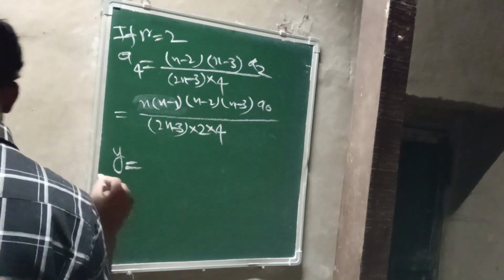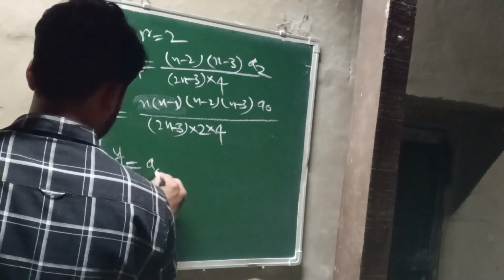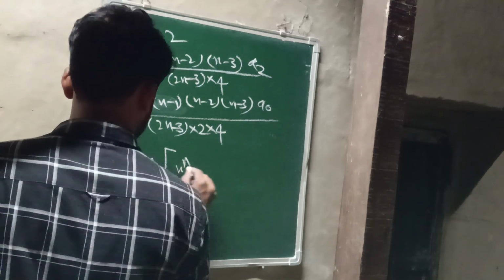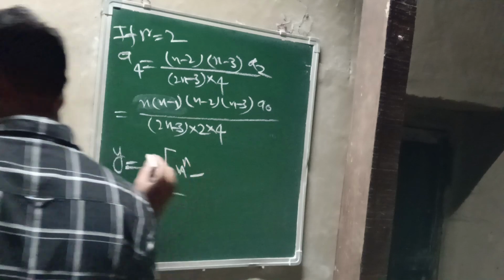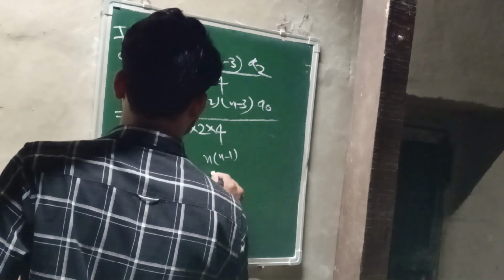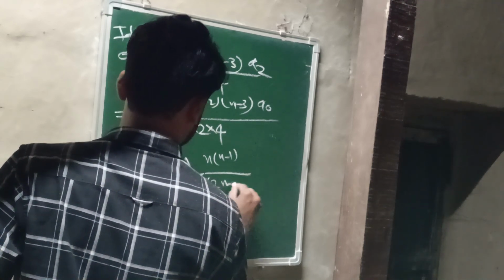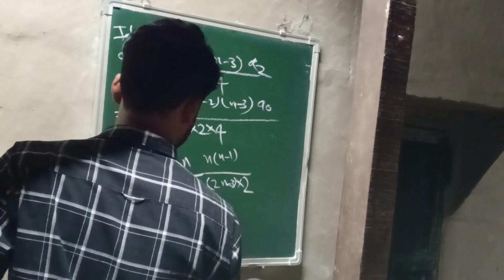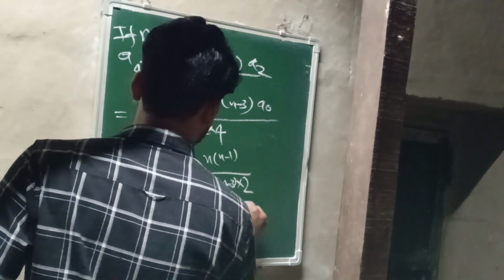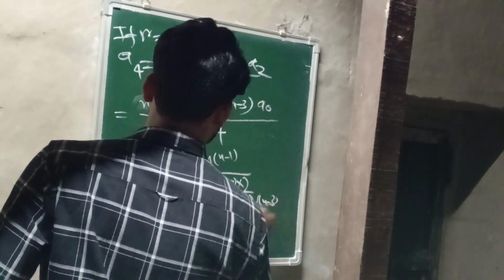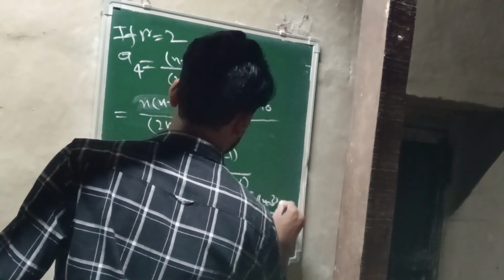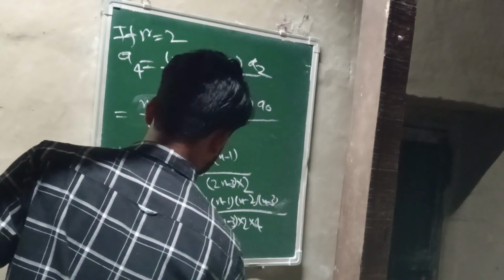Y equal a0 into x to the power n minus n into (n minus 1) divided by (2n minus 1) into 2 x to the power n minus 2, plus a4 term n into (n minus 1)(n minus 2)(n minus 3) divided by (2n minus 1)(2n minus 3) into 2 into 4 x to the power n minus 4, minus dot.